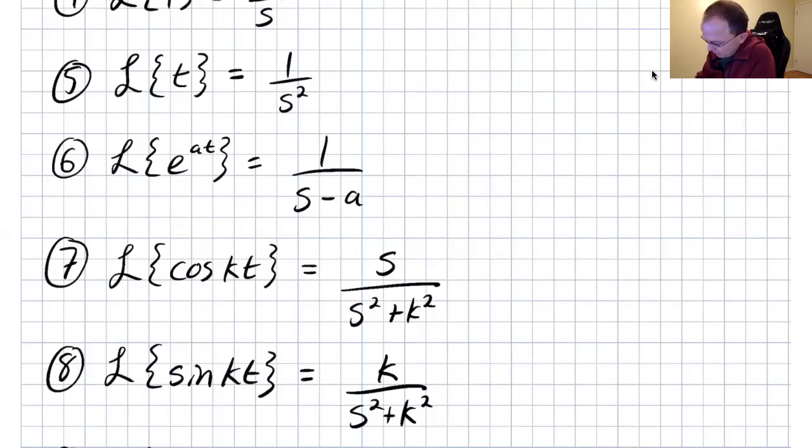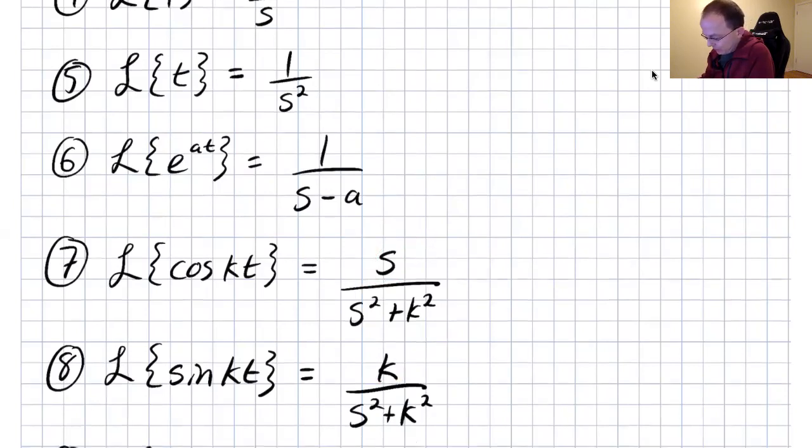You notice the difference is that the cosine has the variable s in the numerator, and the Laplace transform of sine kt has the constant k in the numerator, but the denominators are the same. It's easy to confuse these two, but somehow remember that cosine has s in the numerator and sine has k in the numerator.